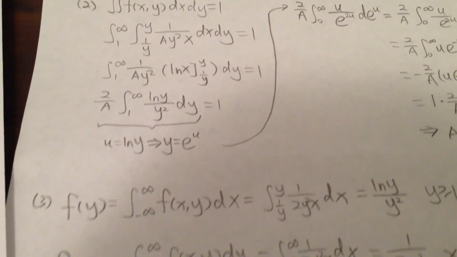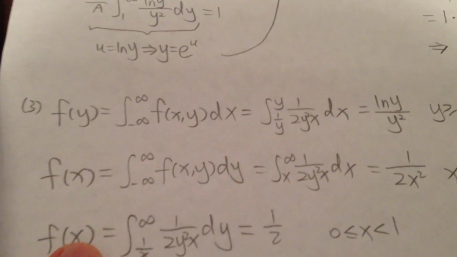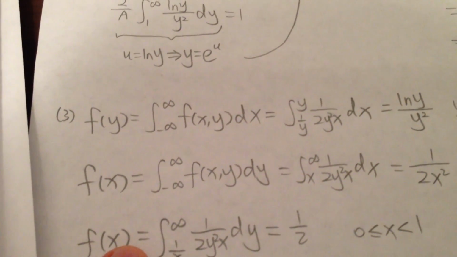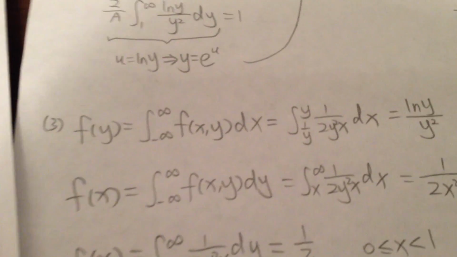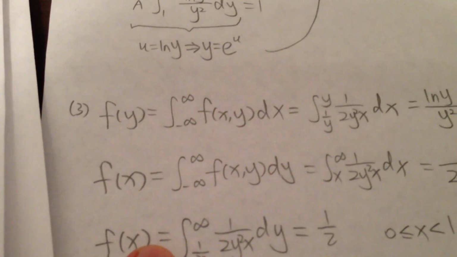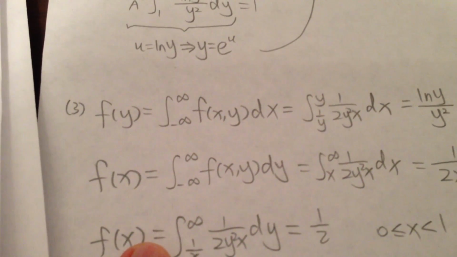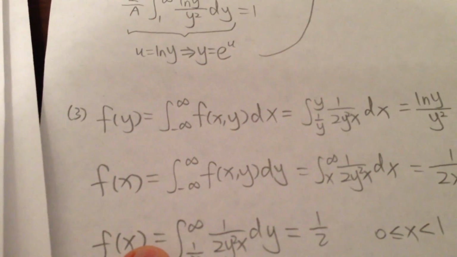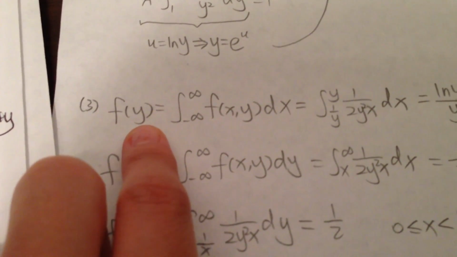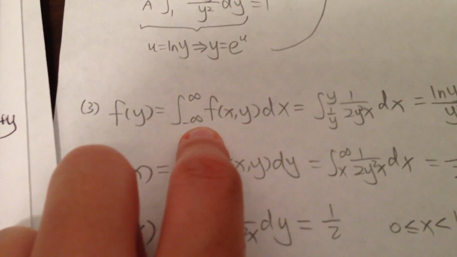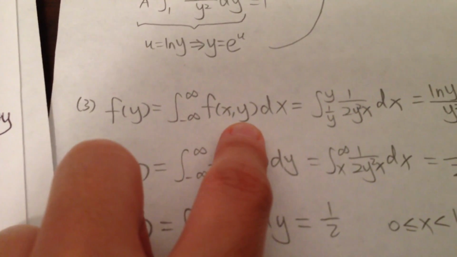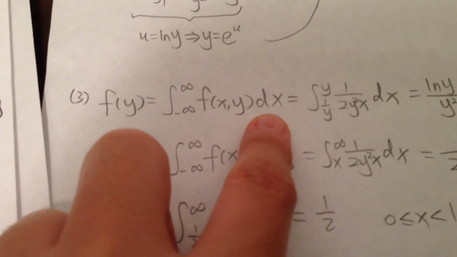Then in question 3, to find and draw the marginal density functions of f(x) and f(y), we need to use the definition of marginal function. That is, f(y) equals the integral from minus infinity to infinity of f(x,y) dx.